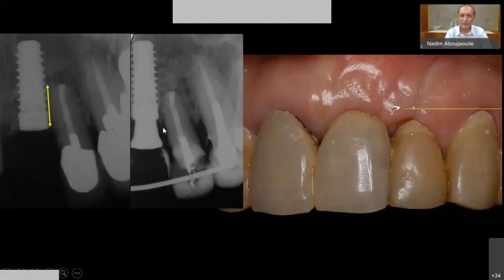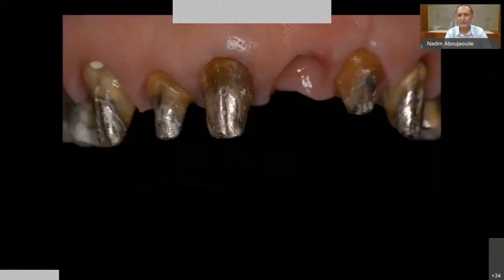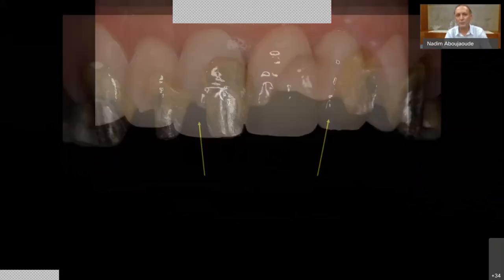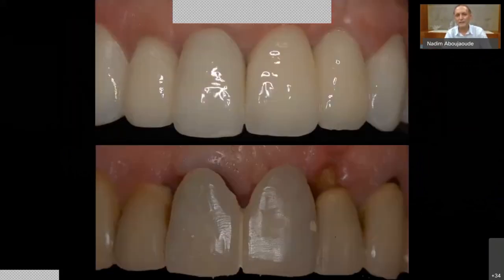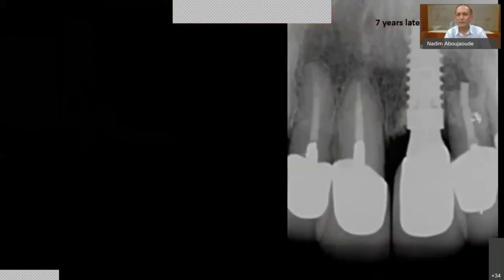And look here, this is the level, how many millimeters we gained, to have nicer aesthetics, as you can see here, before implant crown placement. And you will see that we were able to build up the midfacial and the proximal area and papilla of the patient. So this is 7 years later.